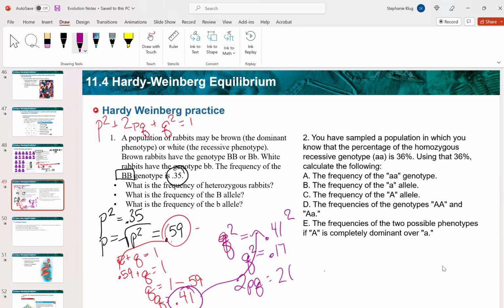So 2 times 0.41 times 0.59 is 0.48. The frequency of heterozygotes is 0.48. The frequency of the big B allele, so this is P, not P squared, is 0.59. Your frequency of Q is 0.41.